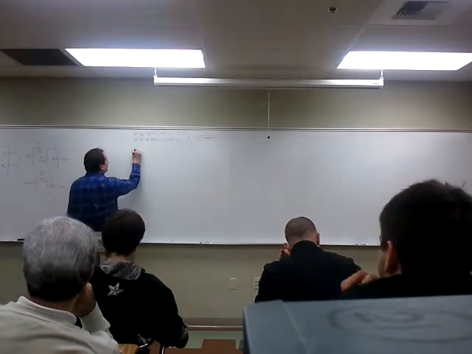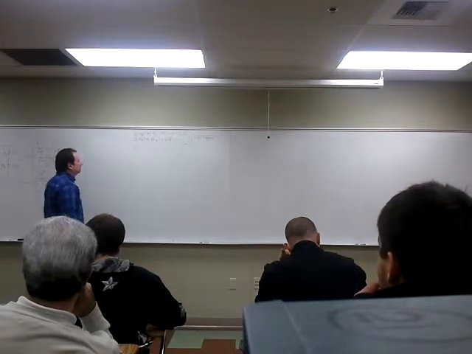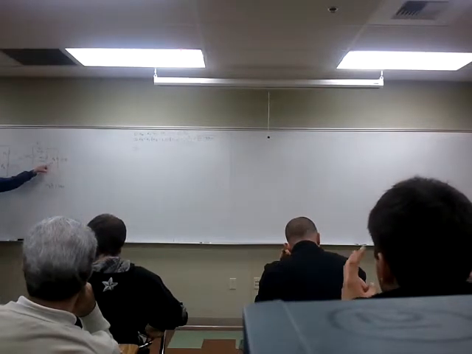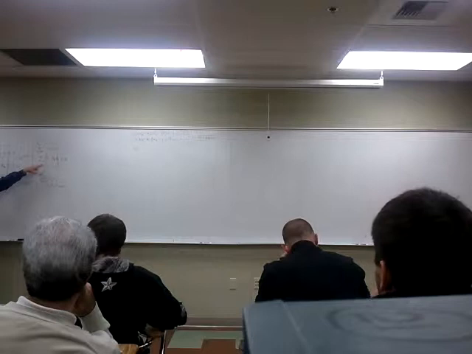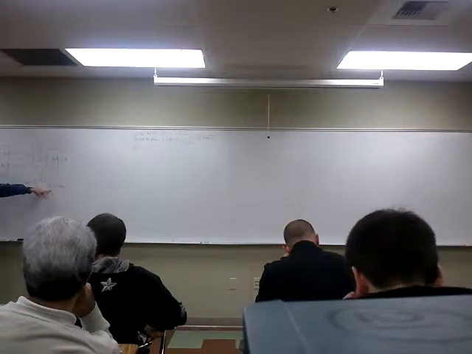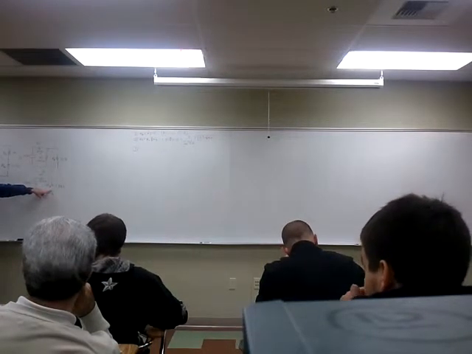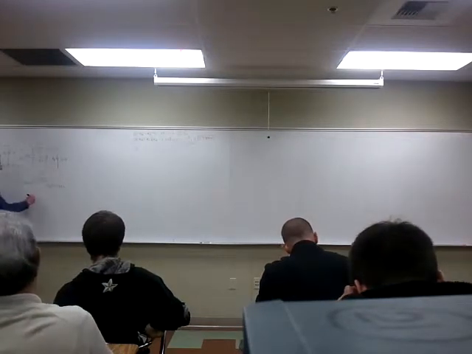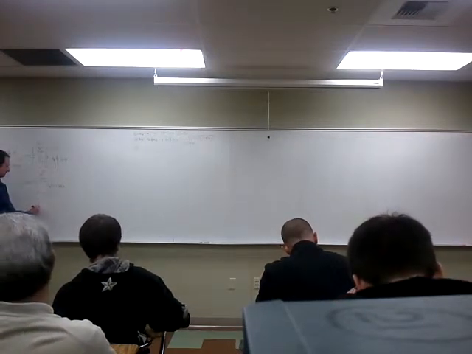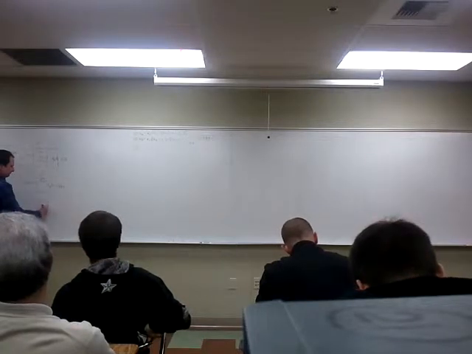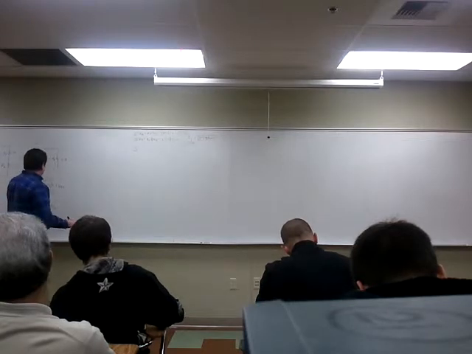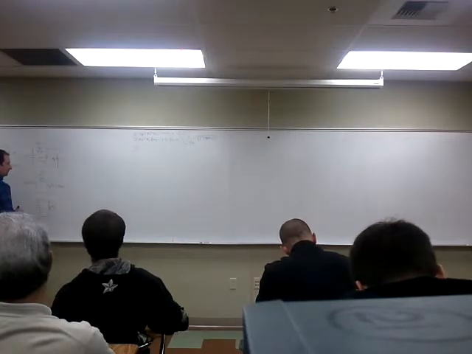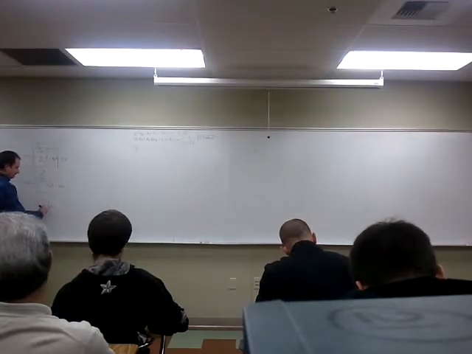We had RA in parallel with R2, combined to be RB, using the parallel formula. Now these two are in series, so we'd simply add them to get our total. And so isn't that 4.68K, is that right?